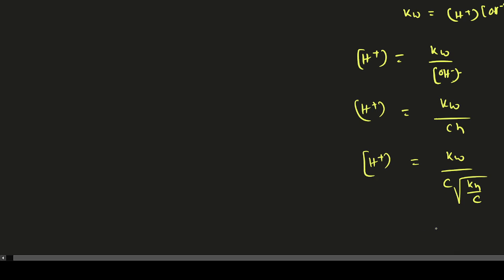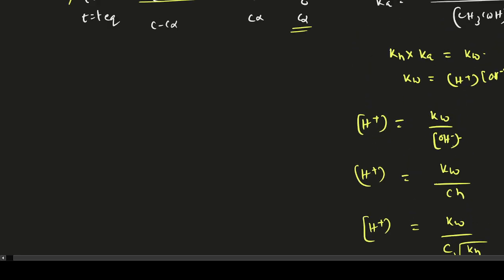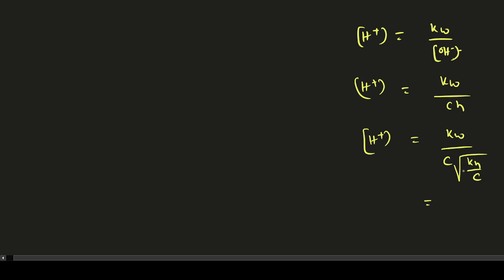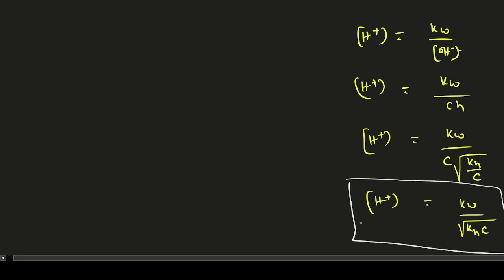If we solve it, this cancels and we get Kw over root of Kh times C, so root over of Kw times Kw over Kh C. This is the value of H plus concentration.